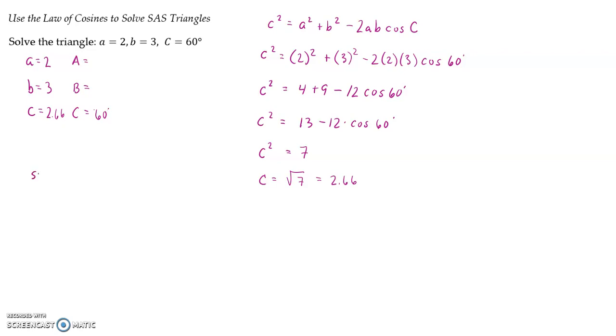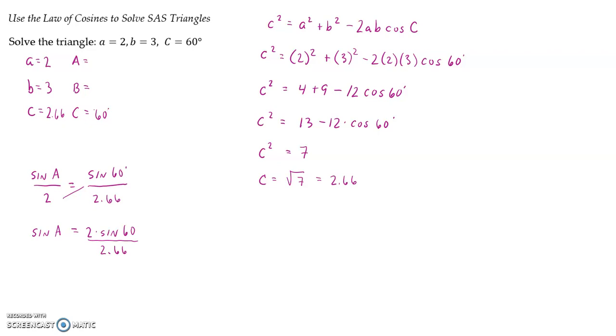And let's go ahead and look for angle A. So we've got sine of A over 2 equals sine of 60 degrees over 2.66. So let's go ahead and cross multiply here. We're going to get sine of A is 2 times sine of 60 divided by 2.66.